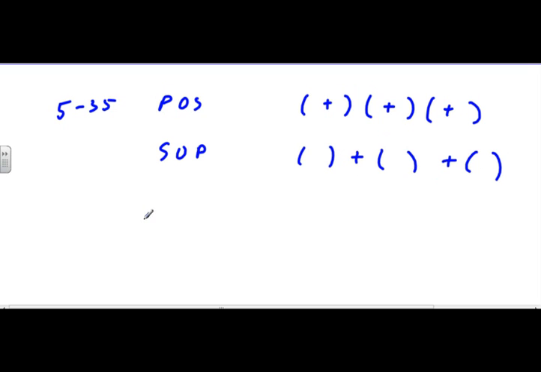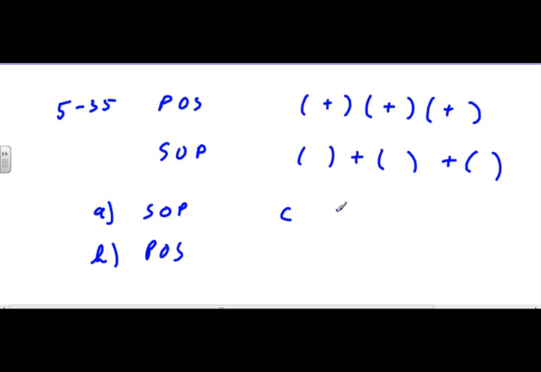All right, so A is a sum of products. I'm adding together things that are multiplied together. B is a product of sums. I'm multiplying things together that are added. C is sort of like neither.